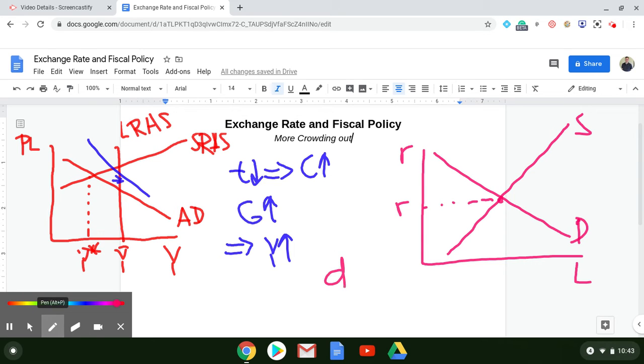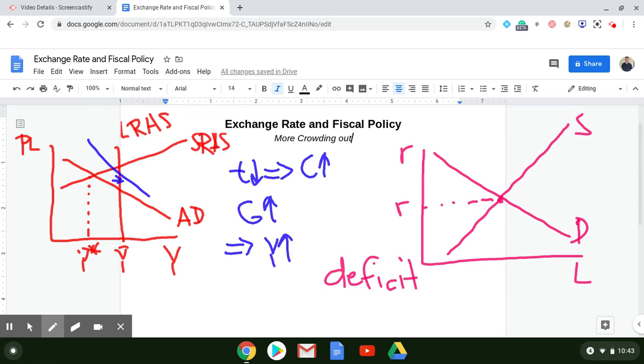Pardon me, I misspelled deficit. There's an extra E in there. We'll look it up later. All right, deficit spending. What happens with deficit spending is that we're having to use some national savings to go into this government largesse.